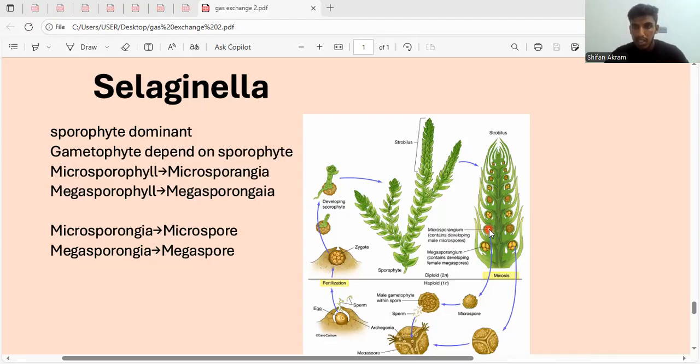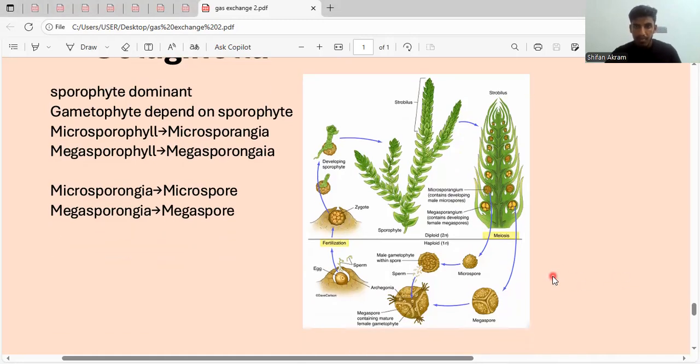So this microsporangium and megasporangium undergo meiosis and produce the microspores and the megaspores. So when released, four large megaspores are released and numerous microspores are released into the external environment. So this microspore, which is enclosed in the microsporangium, develops into the male gametophyte, and the megaspore develops into the female gametophyte.